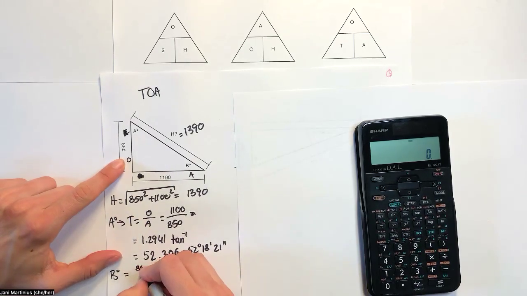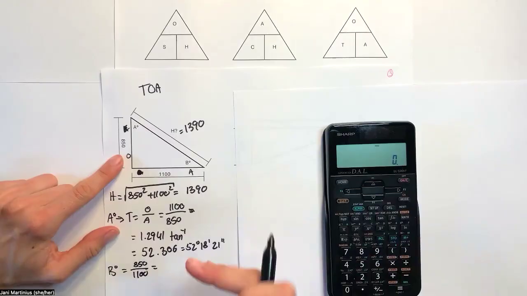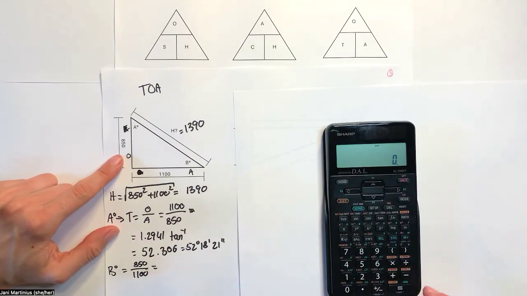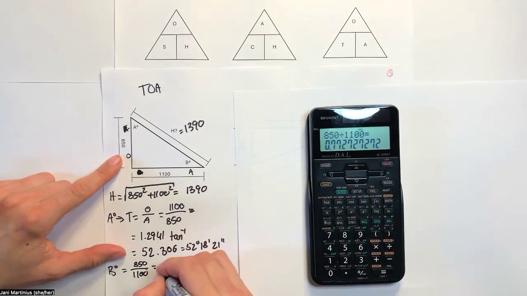Opposite, 850 over 1100. And you notice it's the same numbers, but we're flipping them for the other angle. So 850 over 1100, 0.773.